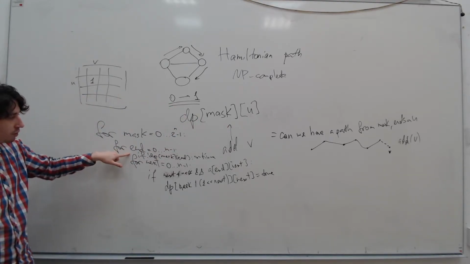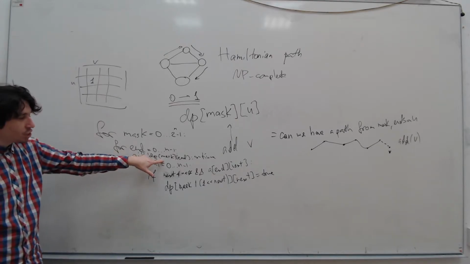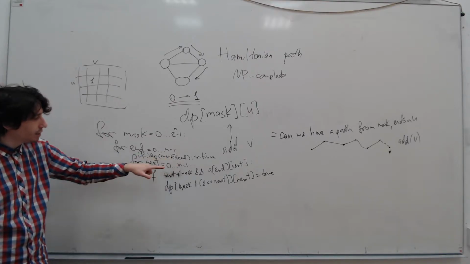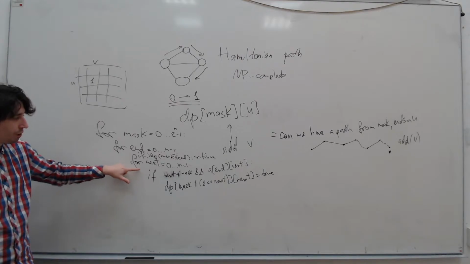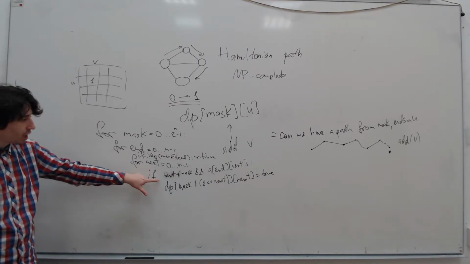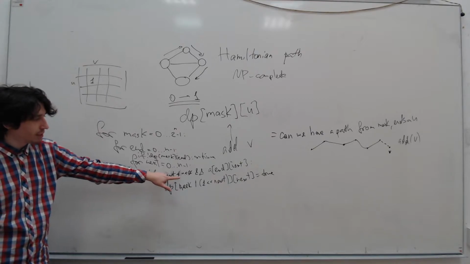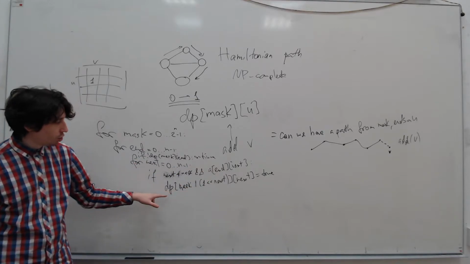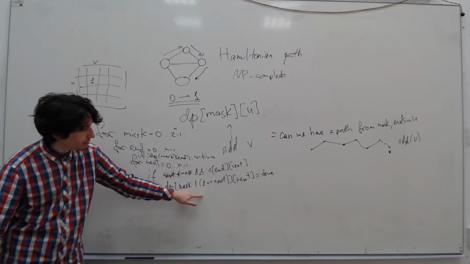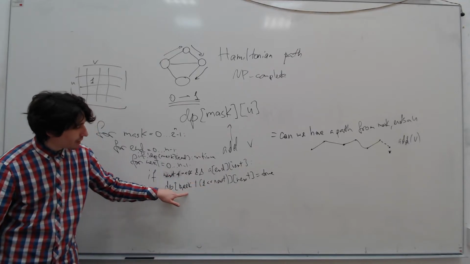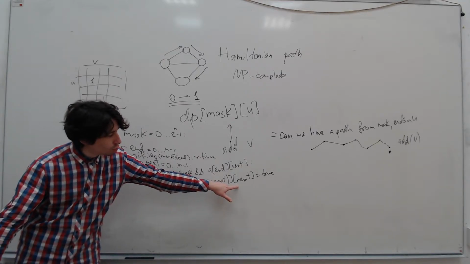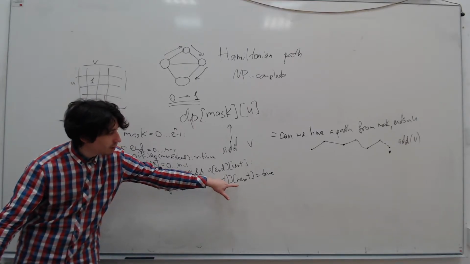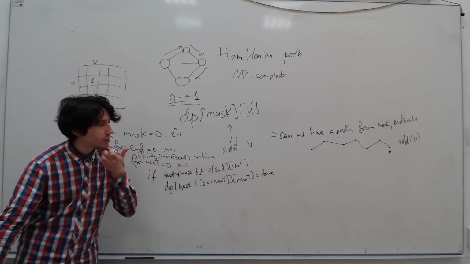And if you can achieve the path for this subset of vertices with the end, you iterate over all next vertices and check: if it doesn't belong to mask and there is an edge between end and next, you update the mask. You add next to the mask, and next is now the latest node on the path, and we set it to true.